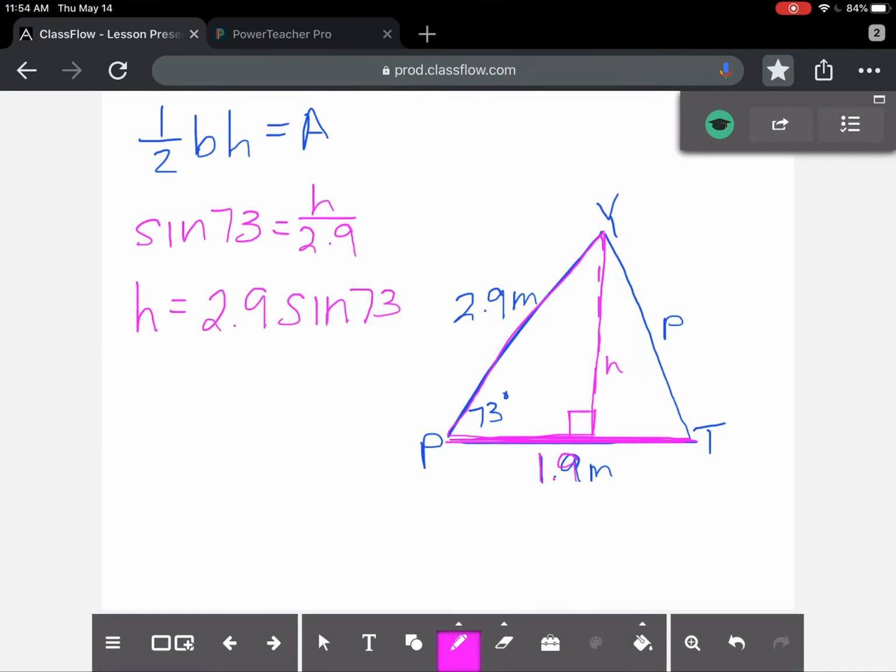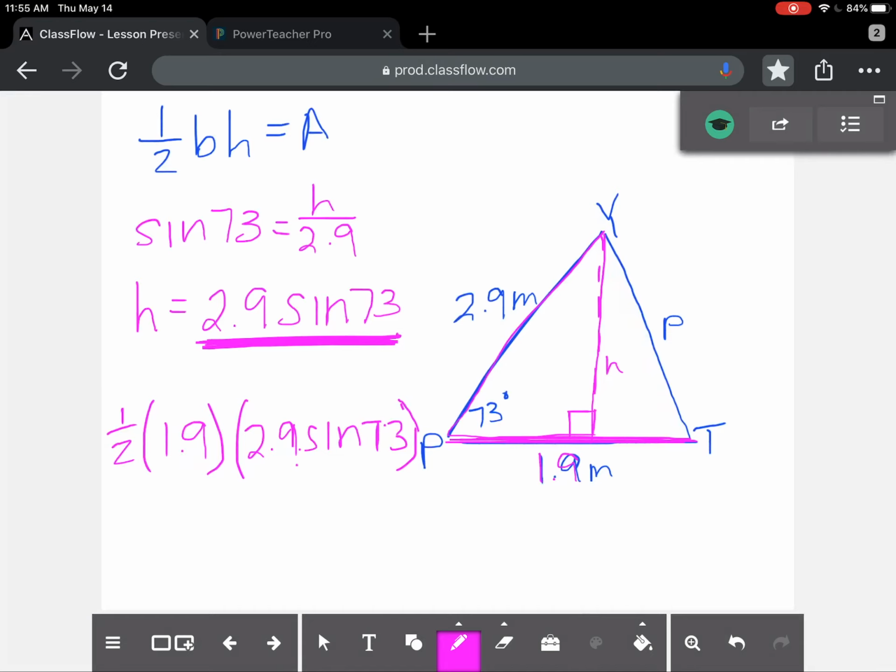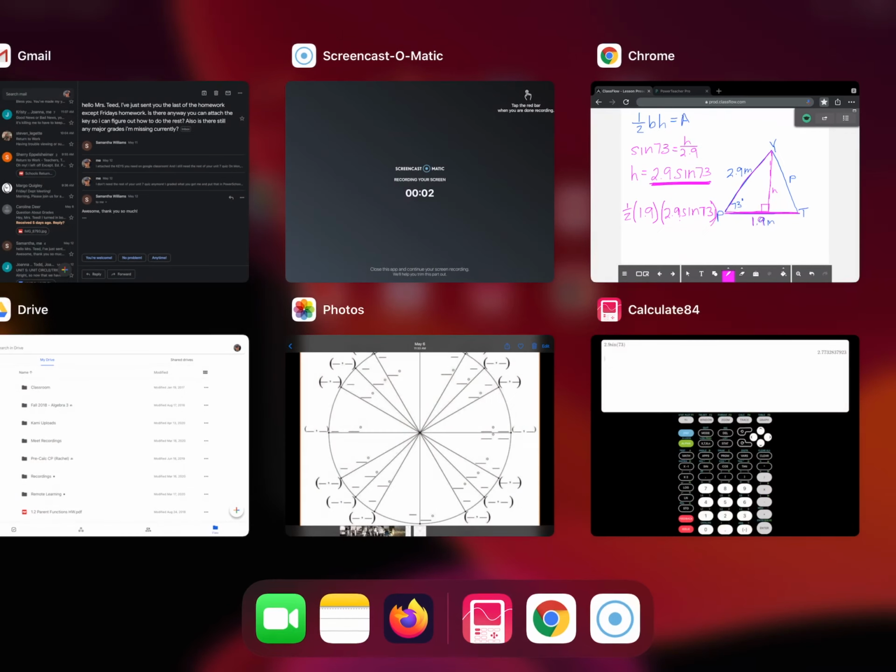I'm going to make sure that I am in degree mode. That gives 2.77, and actually in my notes I didn't even write that. I just wrote my height as this, so that I can get the most exact answer instead of rounding that decimal.